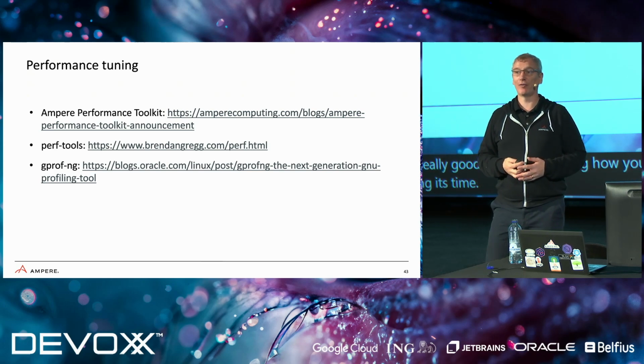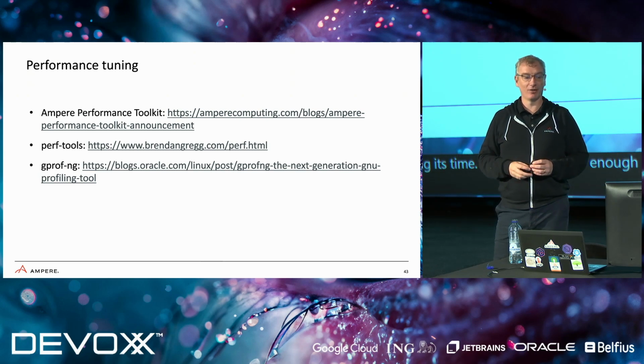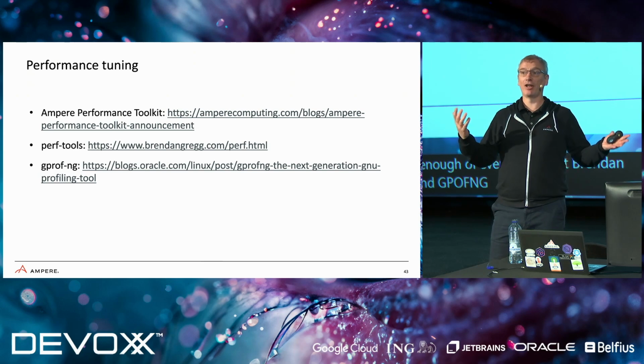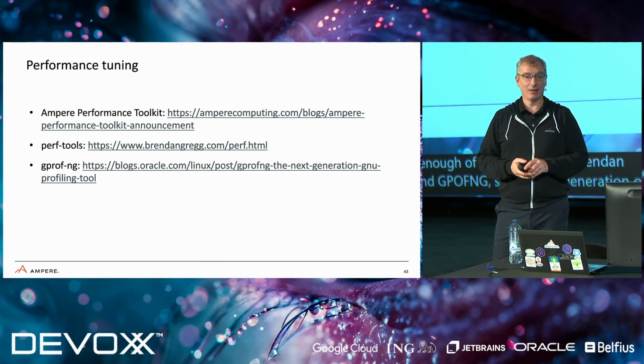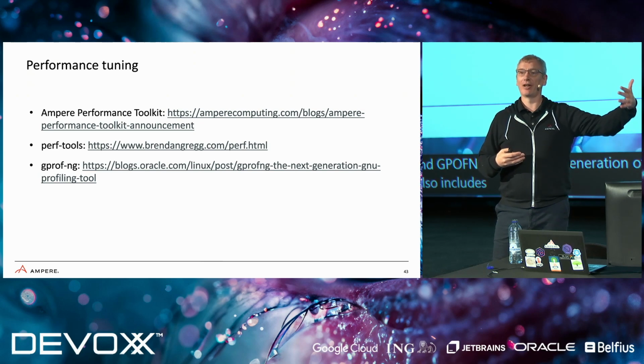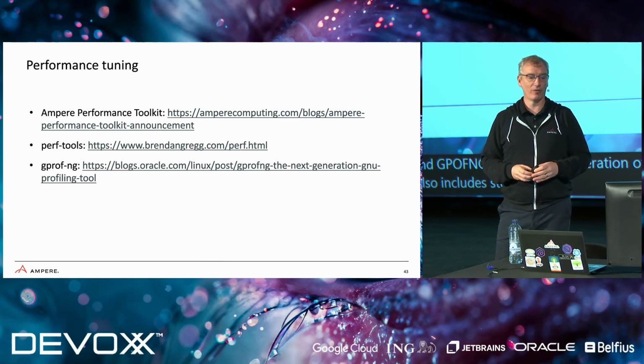Can't speak highly enough of everything that Brendan Gregg has done. And gprof-ng, the next generation of the GNU profiler, also includes Java and system profiling information. Highly recommend that as well.